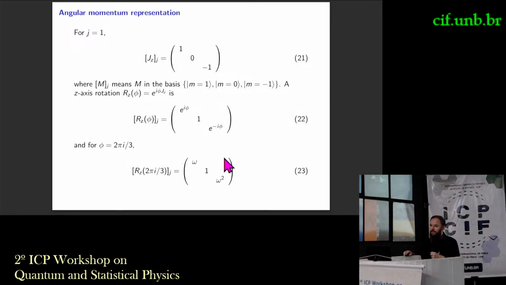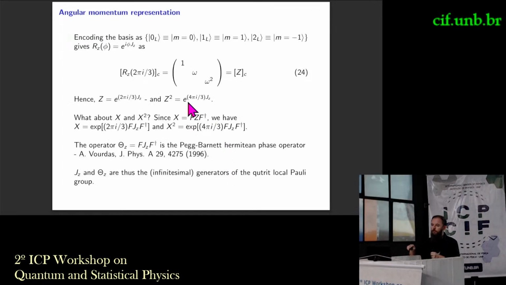So the idea is that if we do this encoding, where we reorder the basis a little bit, you will get the Z basis. So the Z gate you can see simply as a rotation with this special phase, 2 pi over 3, okay? Z squared, 4 pi over 3, okay? And what about X and X squared?